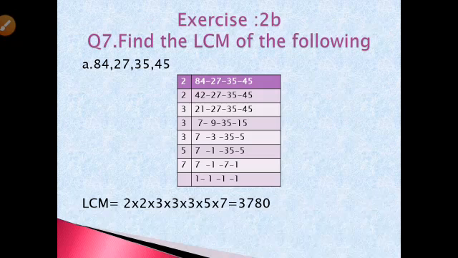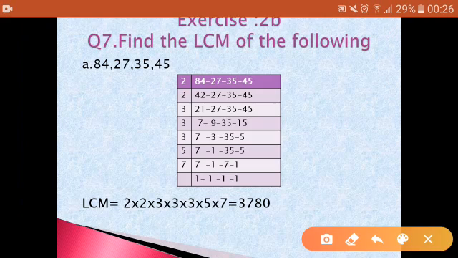In these four numbers there is a number 84 which is an even number, and we all know that an even number is always divisible by 2, and 2 is the smallest prime number. So let's start our division with 2. 2 times 42 is 84.